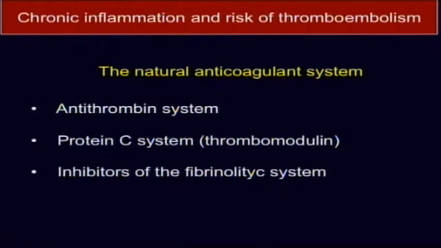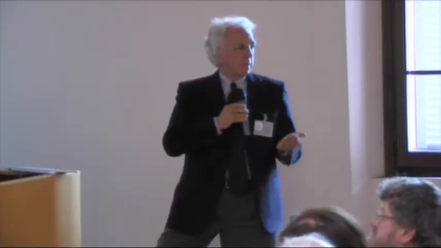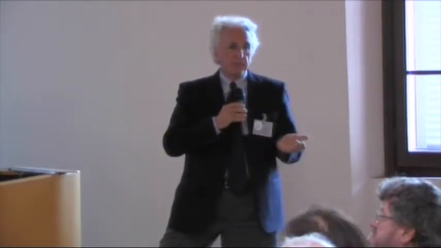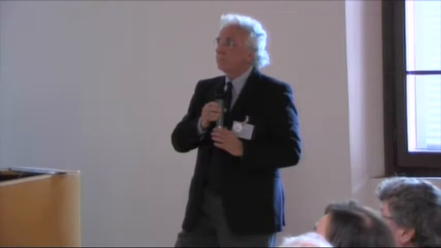The most important system that defends us from dying on the first day after we are born is the protein C system. If you don't have it, in many cases, following a very simple infection, you have purpura fulminans, and the baby dies in the first days of life.